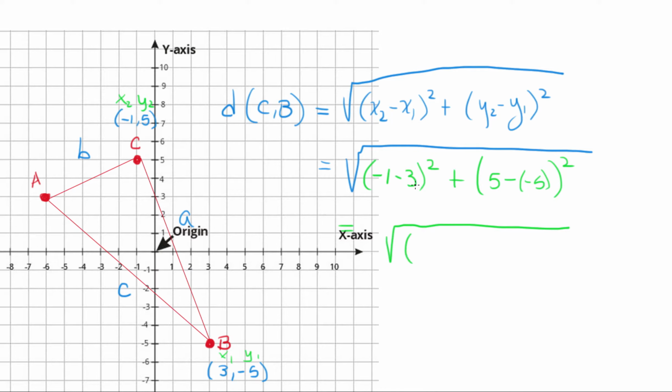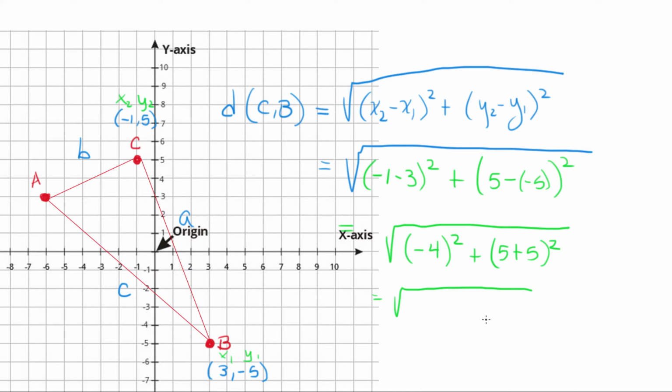Now negative 1 minus 3 is negative 4 squared. Minus and minus makes plus, so we do the keep flip change. Negative 4 squared. What is negative 4 squared? Remember, it's not negative 8. It's not positive 8. It's actually positive 16.